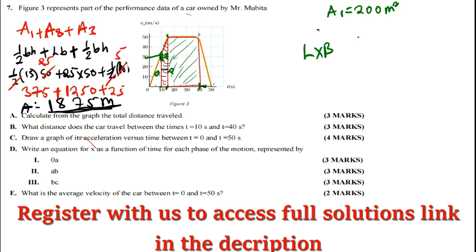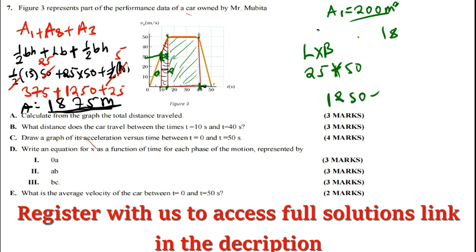So it is 40 minus 15, which is 25. From this point all the way to that point, it is 50. So it's 25 times 50, which is 1,250.